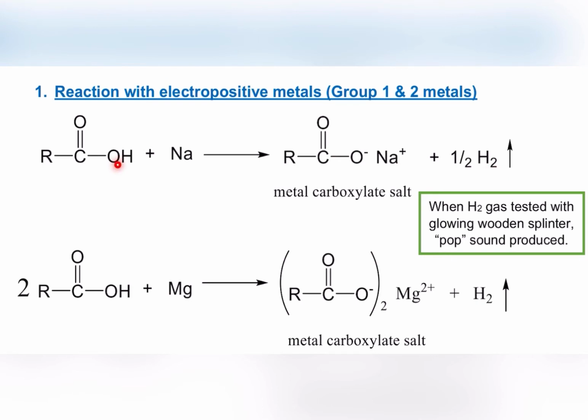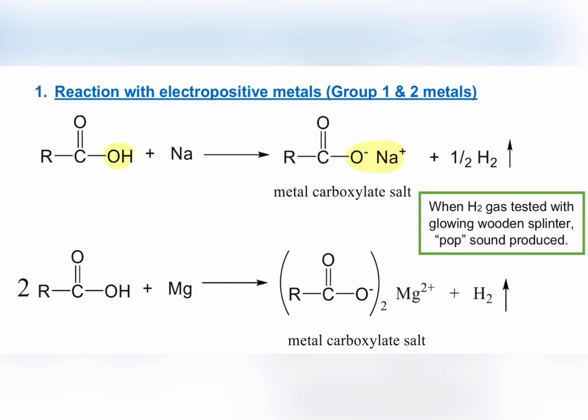And it will be O- here, as you see from here. It will attract the sodium ion from the sodium metal when it is stabilized. So you can get this form of metal carboxylate salt as your product. After that, don't forget to put the hydrogen molecule, or hydrogen gas, that you form as your side product.